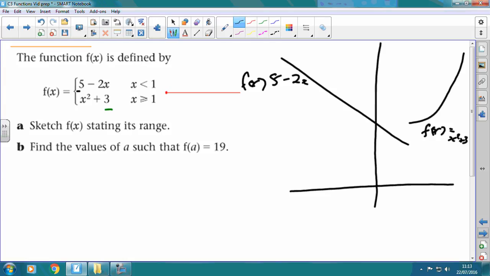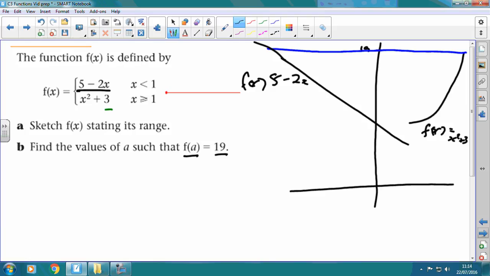We've got to find the value of x which we substitute in and it gets to 19. That's where the y value equals 19. So it could equal that value there, or it could equal this value here when our line reaches it.